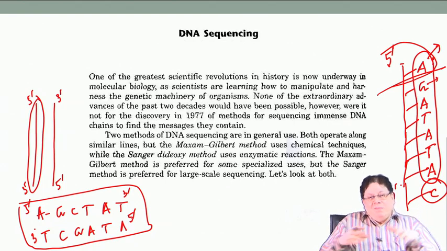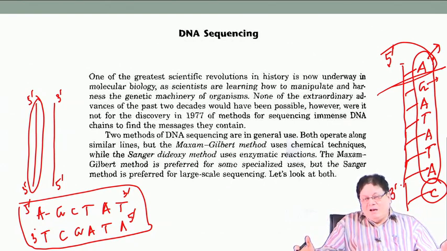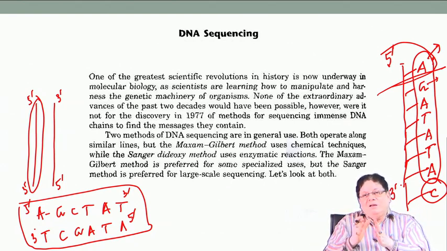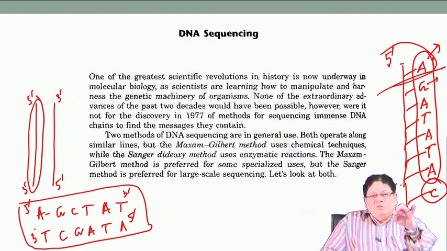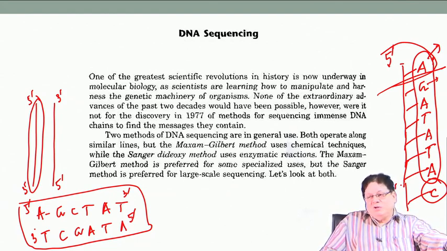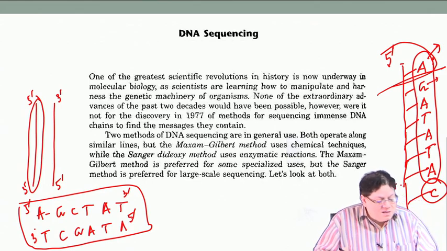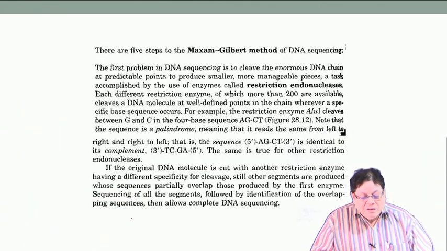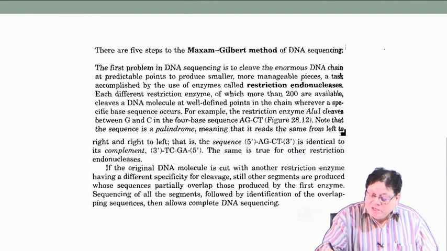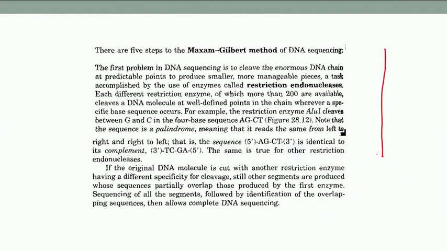That you can do by melting the DNA, and then before it can hybridize back, you separate these two strands. That is possible. You can separate these strands from a solution. So, the starting point is that you have a DNA which is a single strand.